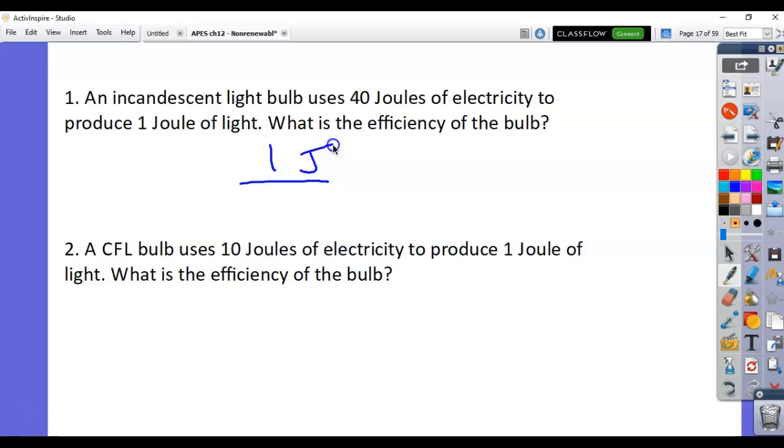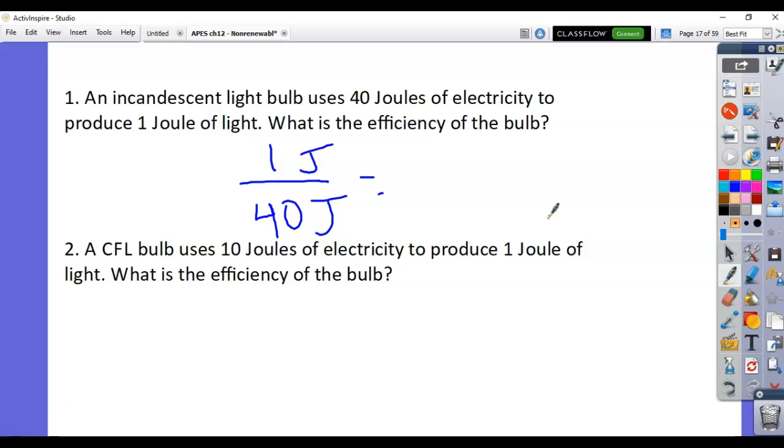How much energy came into the light? 40 joules. So you take 1 divided by 40 and then times 100. You're going to get something around 1%. Sorry, I didn't use good numbers that I can do in my head.